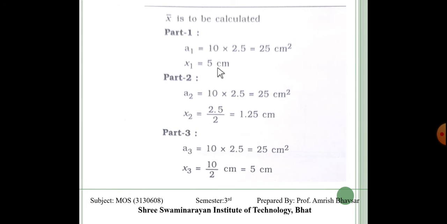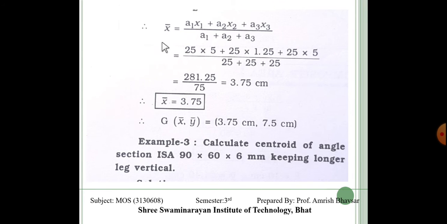So x1 is equal to 5 centimeter, x2 is 2.5 by 2, and x3 is 10 by 2. So we will get all the dimensions. Now, the equation: x bar is equal to a1 x1 plus a2 x2 plus a3 x3 upon a1 plus a2 plus a3. So we will get x bar is equal to 3.75. Clear?